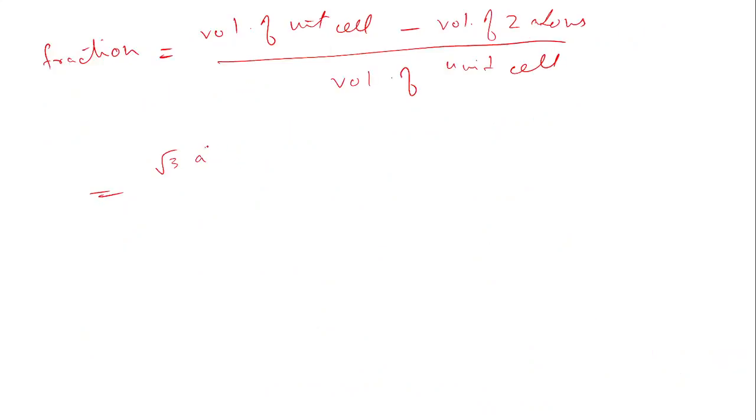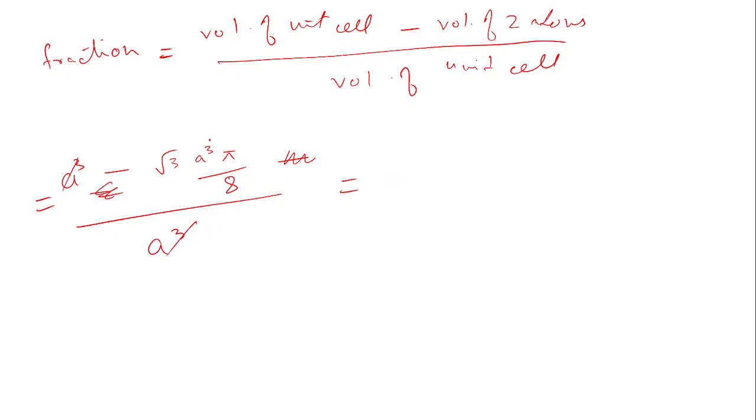Minus volume, oh sorry, this is volume of unit cell. Volume of unit cell is a cube, minus this is volume of atoms, divided by volume of unit cell, which is a cube. And we'll do this in fraction.